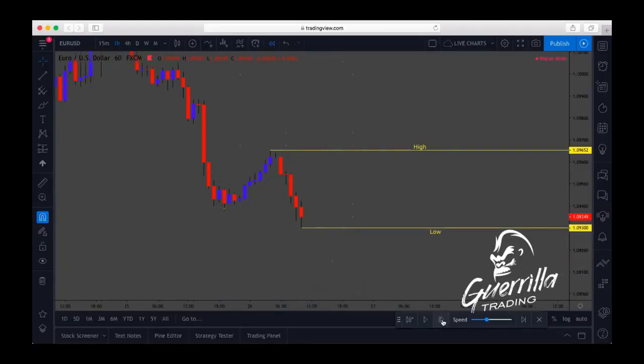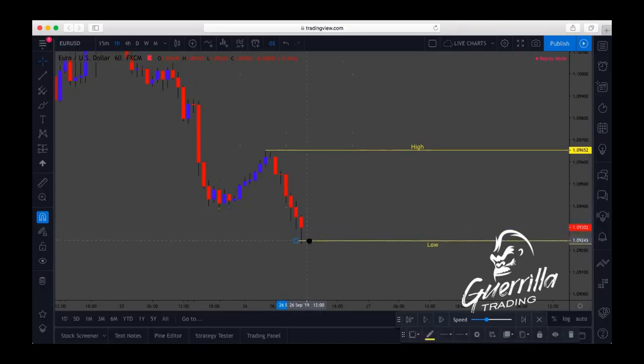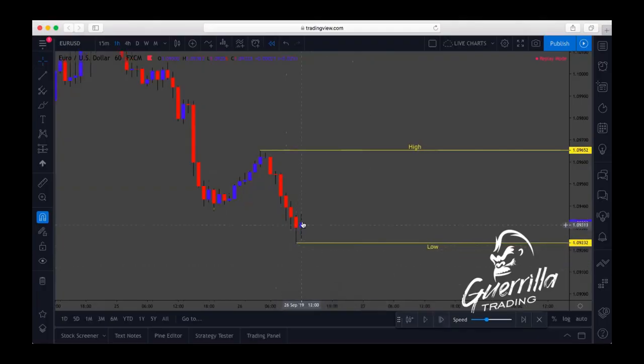And all we're focusing on is price action. And what is price action telling us? Again, it's giving us a break of that low and pulled straight back up. We're not interested in this sort of price action because it's not giving us any real momentum to the downside. And as you can see now, we have this counter trend move. We'll have a look.